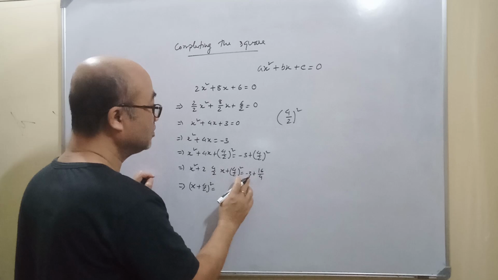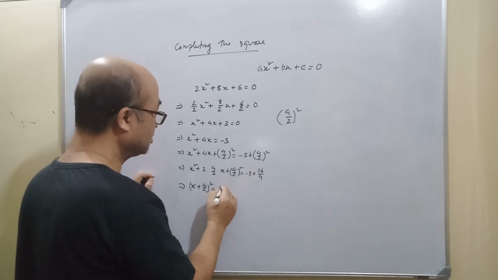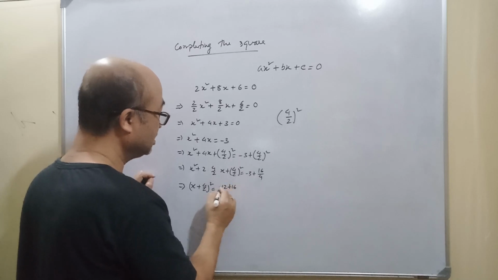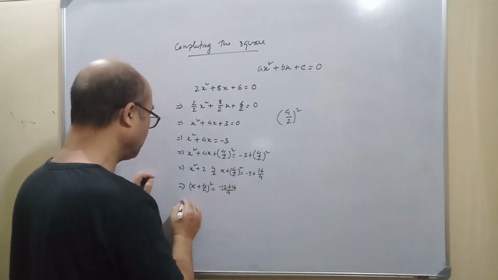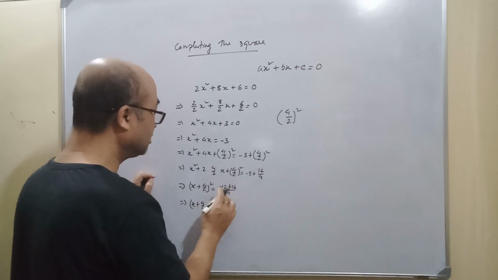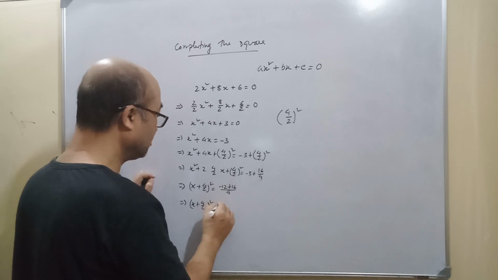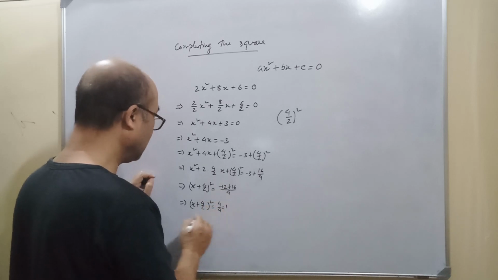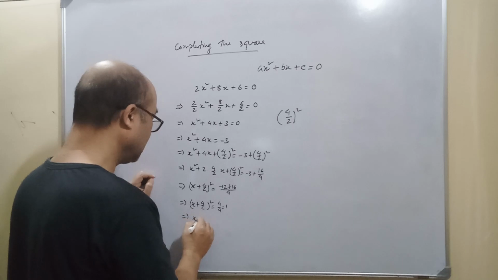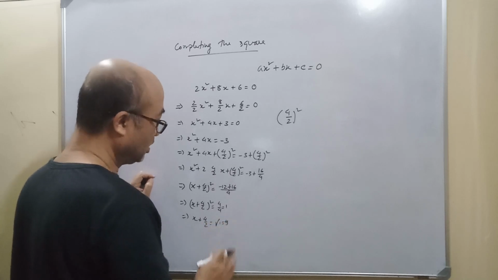And this is equal to minus 3 plus 16 by 4, which is minus 12 plus 16 by 4. So x plus 4 by 2 whole square is equal to how much? Plus 16 minus 12 is 4 by 4 is equal to 1. Hence, x plus 4 by 2 is square root of 1, that is 1, plus minus 1.